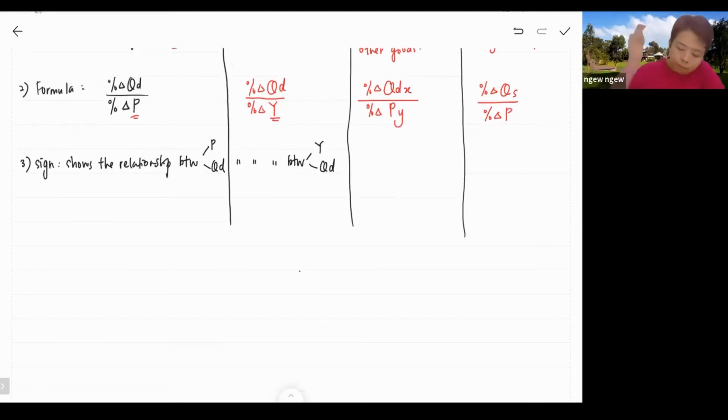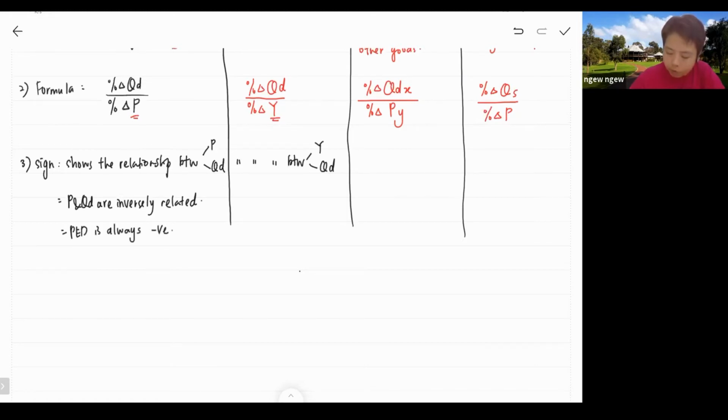Now, as a recap, we know that price and QD are inversely related, which means PED is always negative. Why? Because when price rises, QD always falls.